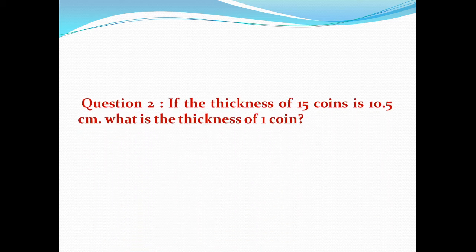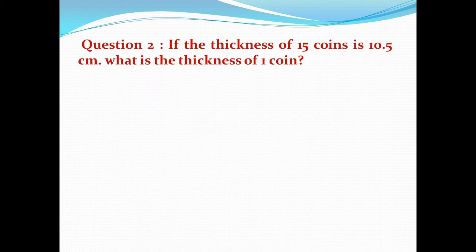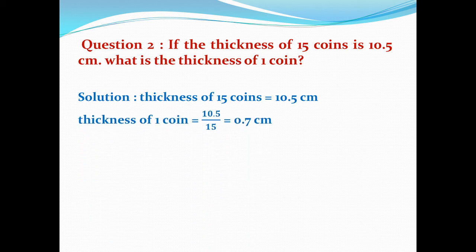Next question, if thickness of 15 coin is 10.5 centimeter, what is the thickness of one coin? If we want to obtain thickness of one coin, then 10.5 divided by 15, we will get value 0.7 centimeter.